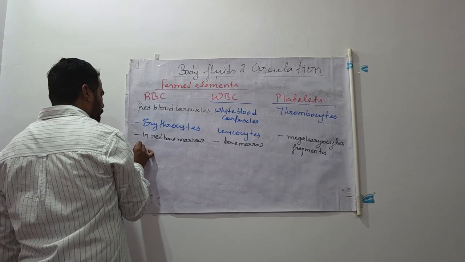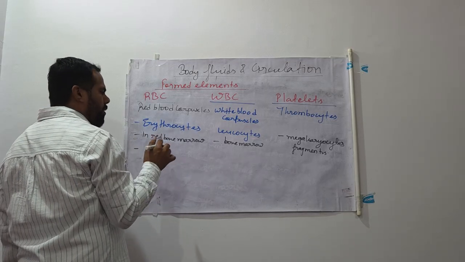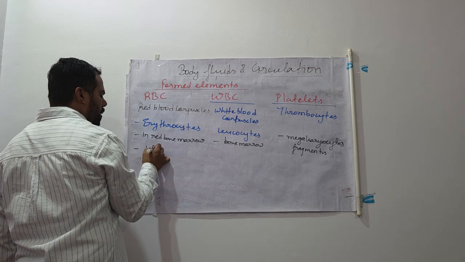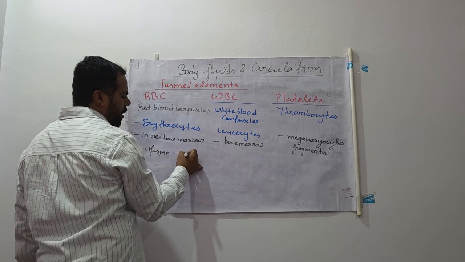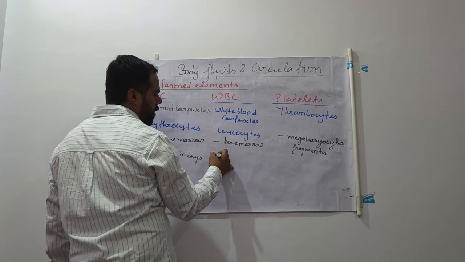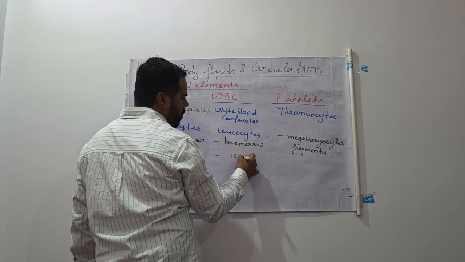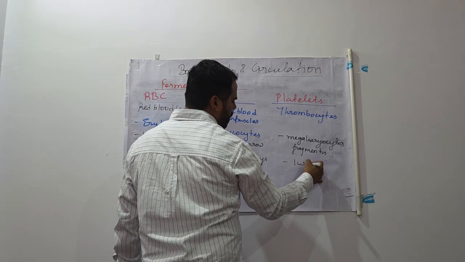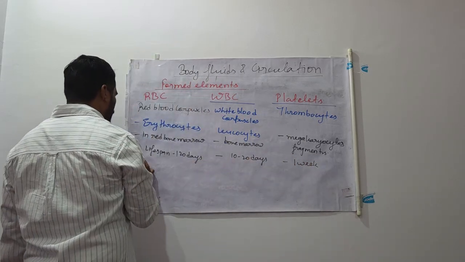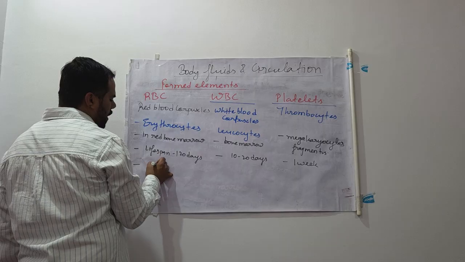Then lifespan. RBC lifespan is 120 days. WBC lifespan is 10 to 20 days. And platelets, this is of 1 week. RBC is enucleated.